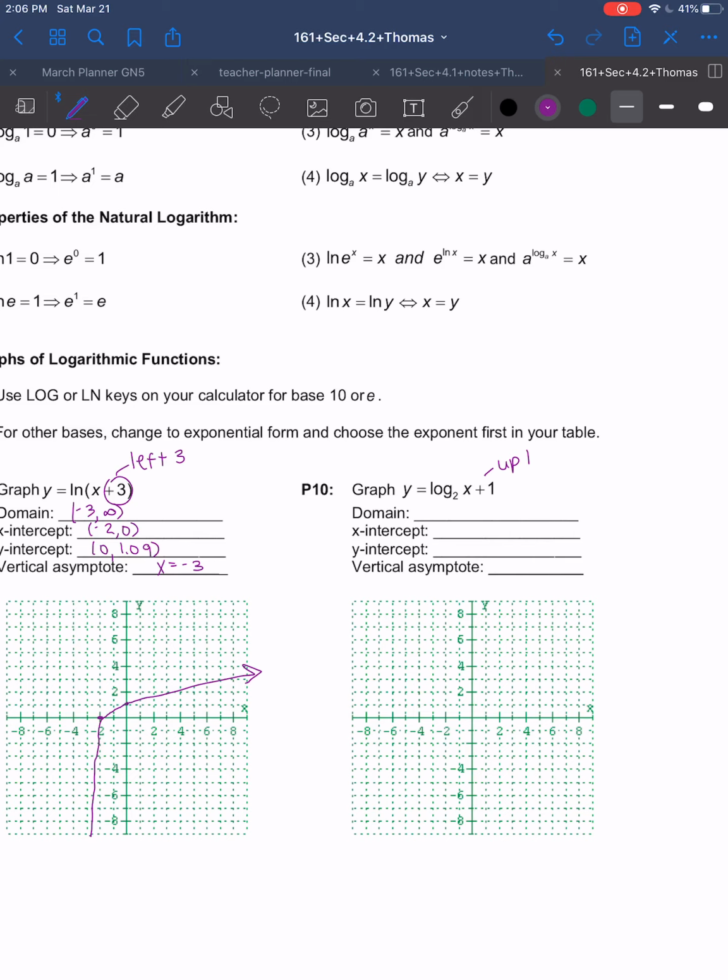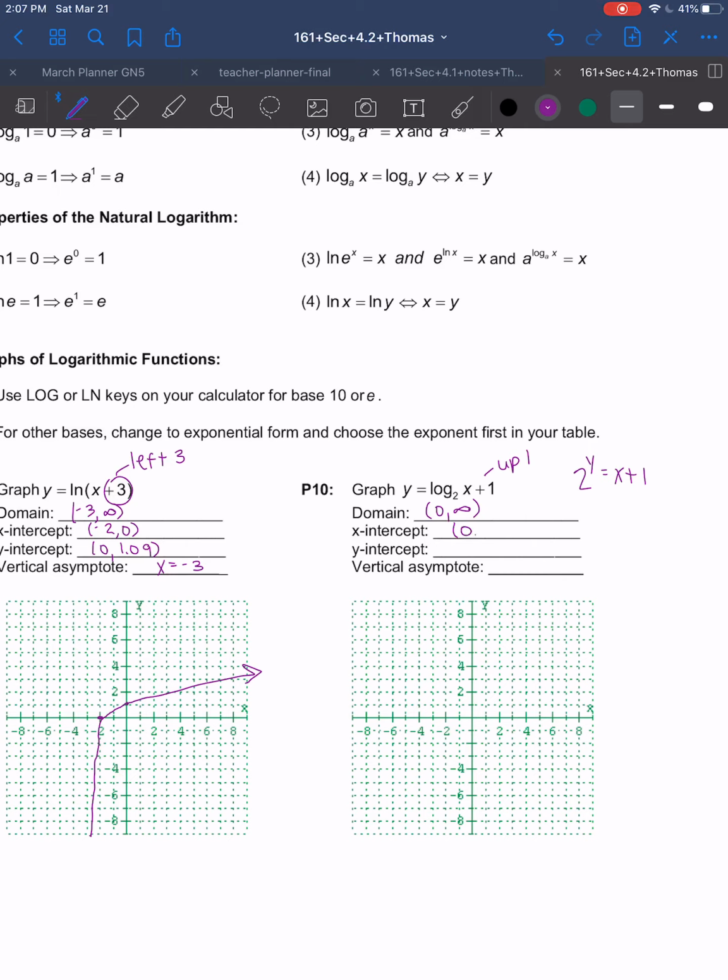So y equals log base 2 of x plus 1. So 2 to the y equals x plus 1. So meaning you're just going to rewrite it and plug in numbers. Your domain is still going to be 0 to infinity here because we didn't go left or right any. And then if you want to plug in 0 for y, you're going to get a half for your x-intercept.